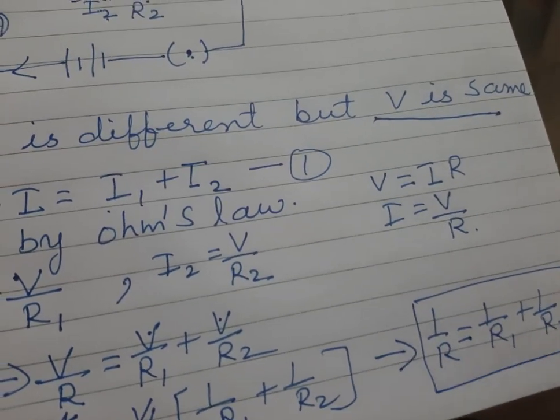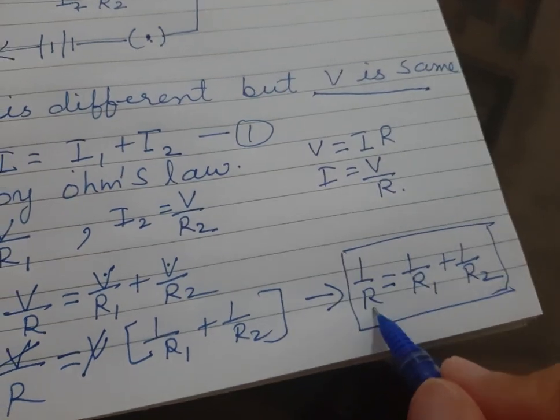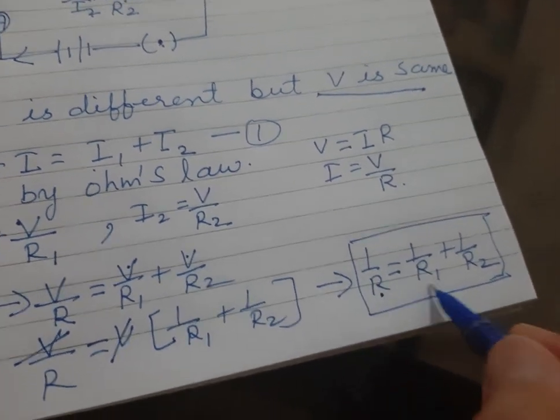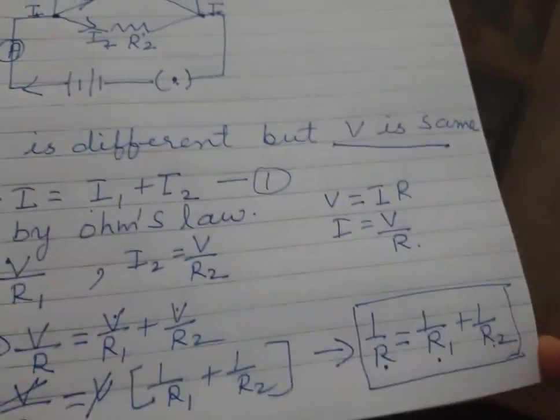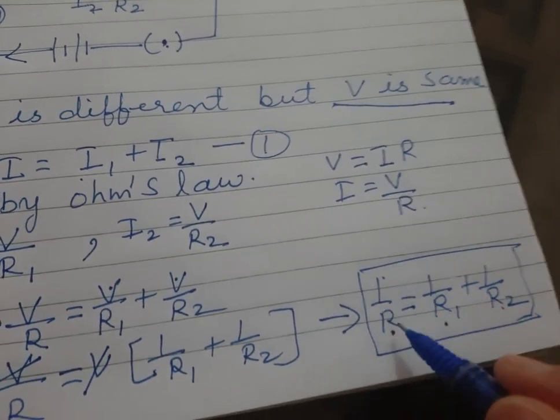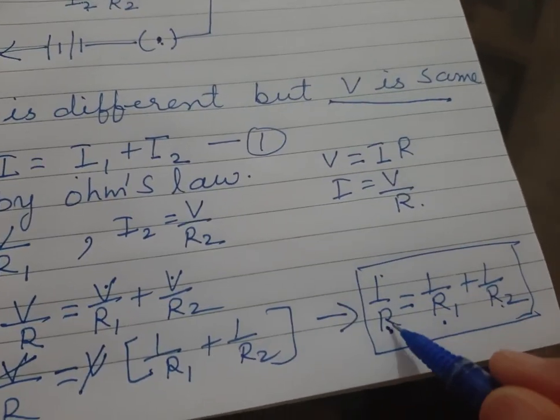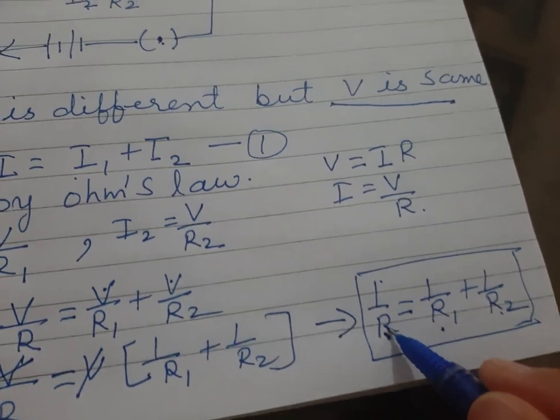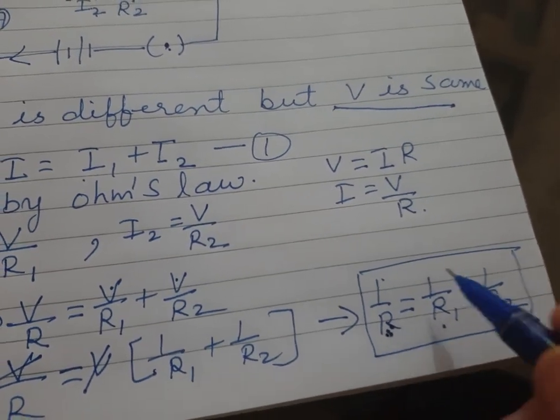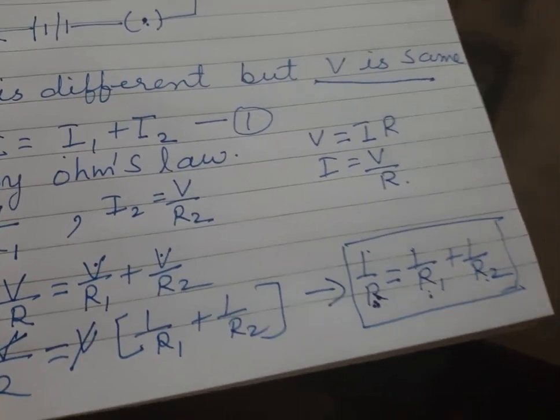This is the formula for equivalent resistance in case of the parallel combination. It means in this condition the equivalent resistance is the reciprocal of the sum of the reciprocals of the individual resistances.